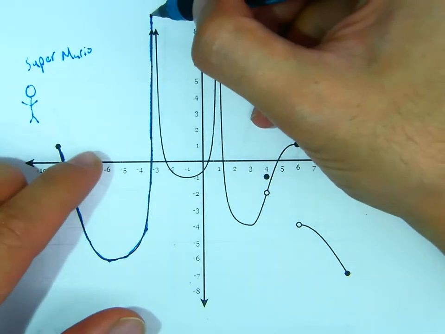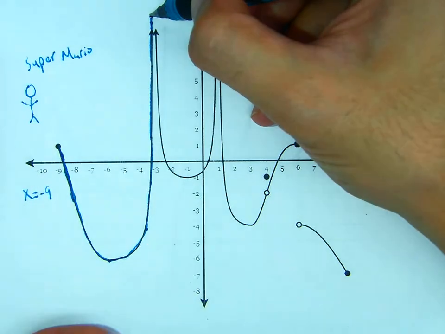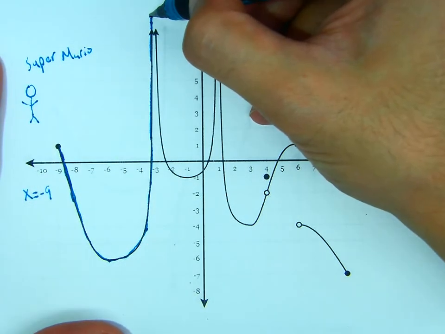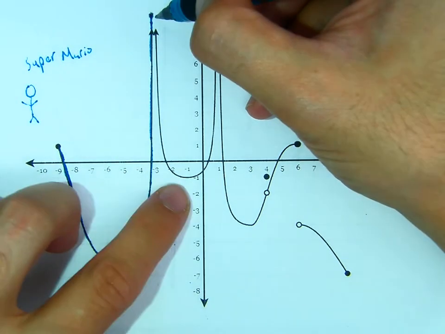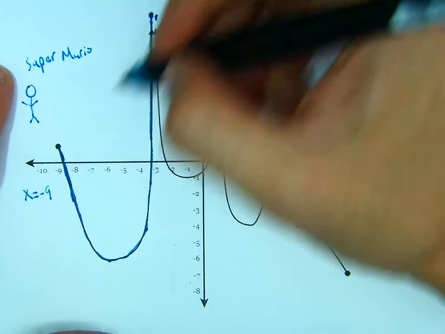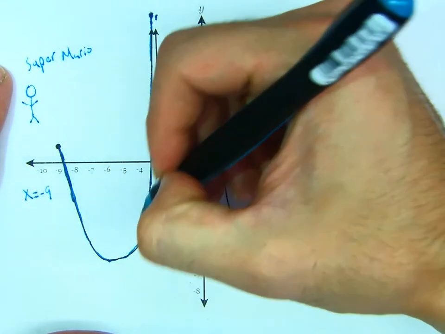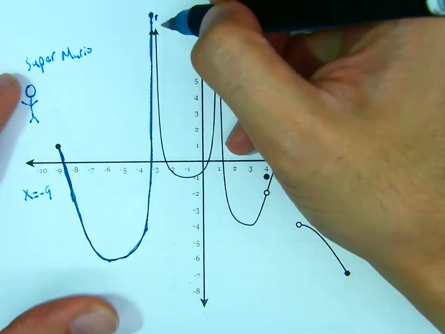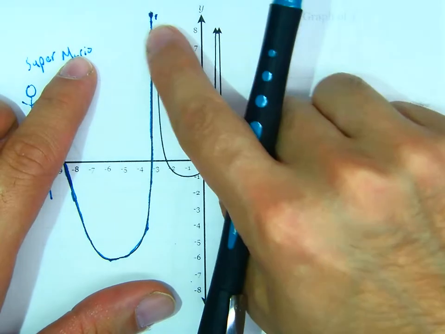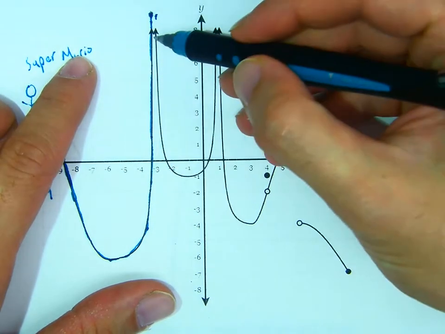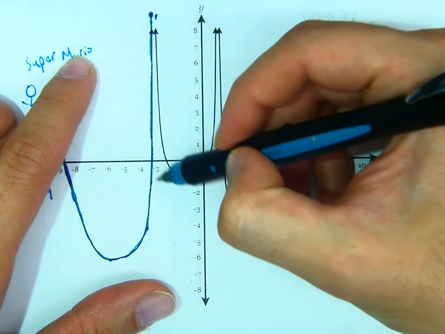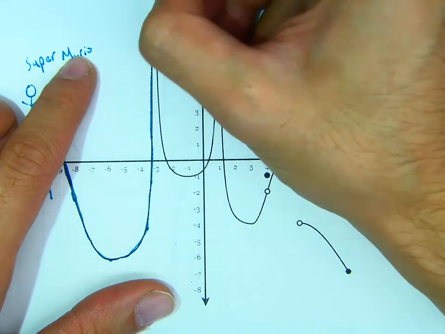For him to actually go to the other side, we need to pick him up and bring him to the right side of -3. And the second you pick up your pen, a type of discontinuity will occur. What type of discontinuity is happening at x equals -3?